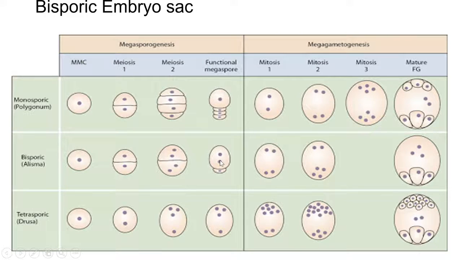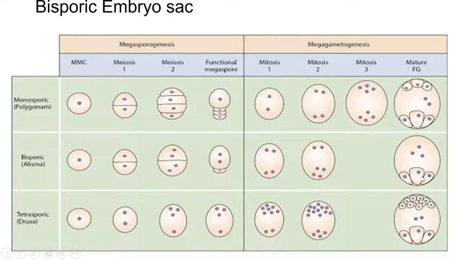This functional dyad further shows 2 successive mitotic divisions and it possesses 2 tetrads, the micropylar tetrad and the chalazal tetrad. From the micropylar tetrad, 3 nuclei develop the egg apparatus. That egg apparatus shows the large egg cell and 2 synergids.